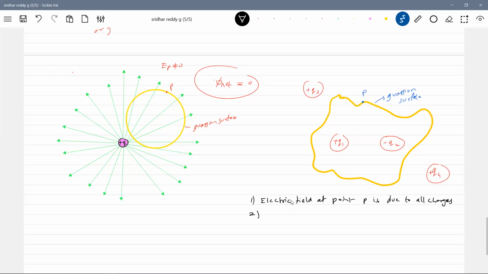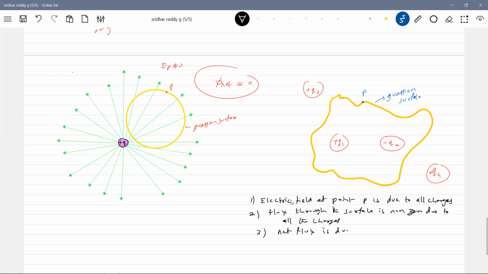Next, the flux through the surface is non-zero due to all charges.